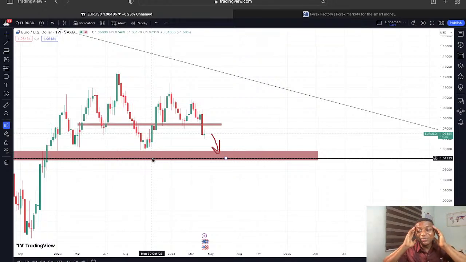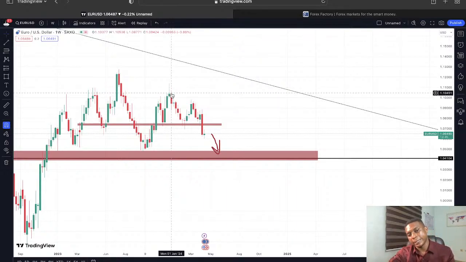Now you can see that price immediately reacts when it got to the 1.04 region, because there are other blocks already at this level where traders, investors, and institutions have set their buy orders at this support zone, and you can see how price went up.